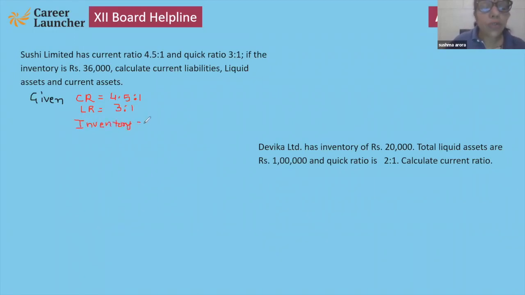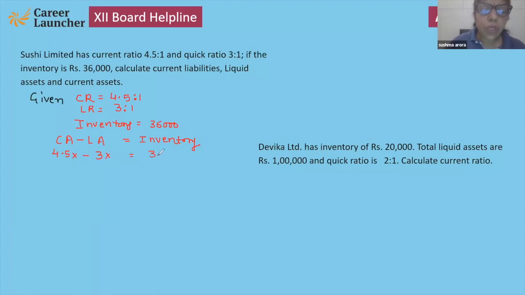Inventory is equal to 36,000. Now, children, just now I told you current asset minus liquid asset, that is inventory. Here it is given clearly that 4.5 we can put x, and 3x.